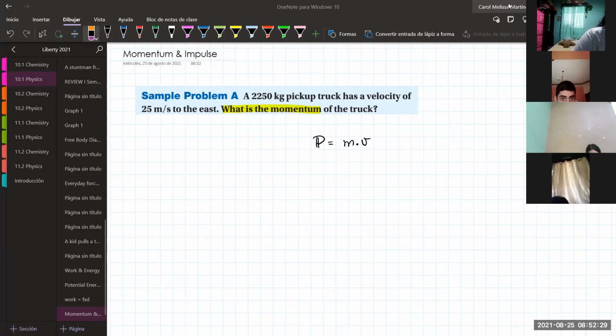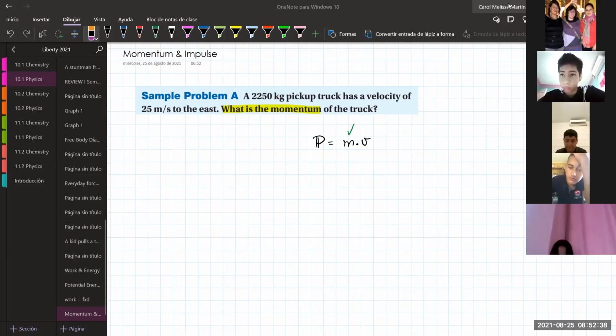That means that all the data that you will get will be mass and velocity. So we're going to focus on that. Now let's see. The problem is telling me that it's about a pickup truck, and this pickup truck has a mass of 2,250 kilograms.